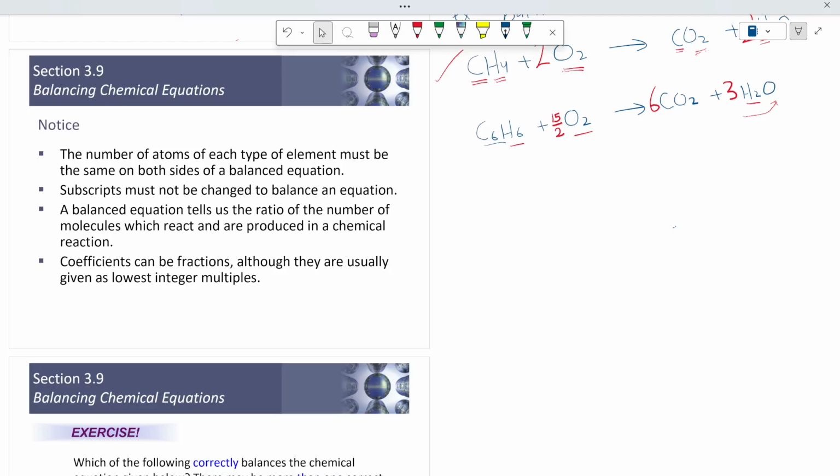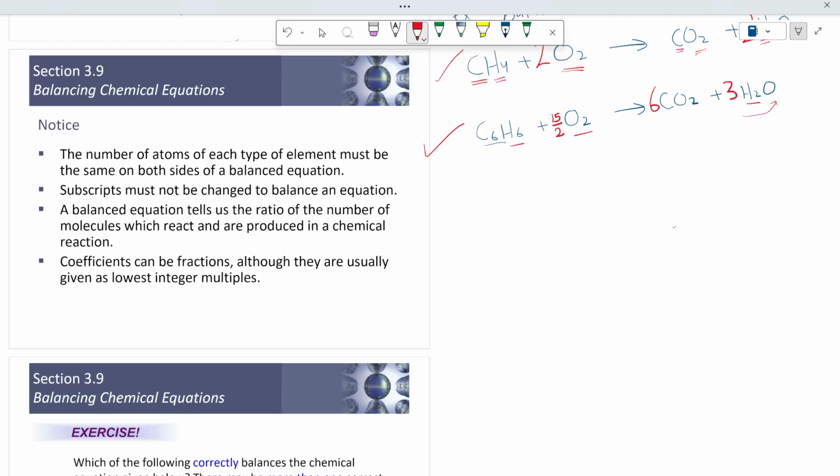The coefficients can be written in terms of a fraction. We don't have a problem at all if you write the coefficients as a fraction. Not like the subscripts, which should always be written using whole numbers; in coefficients, no, we don't have a problem at all.